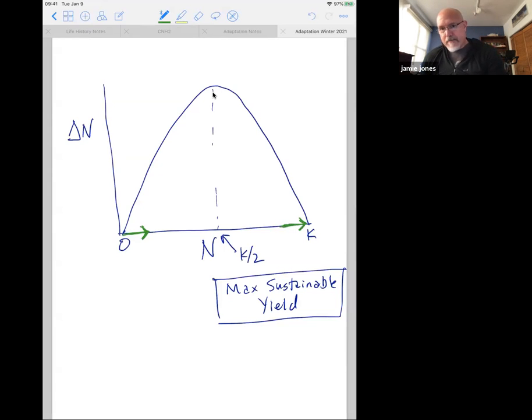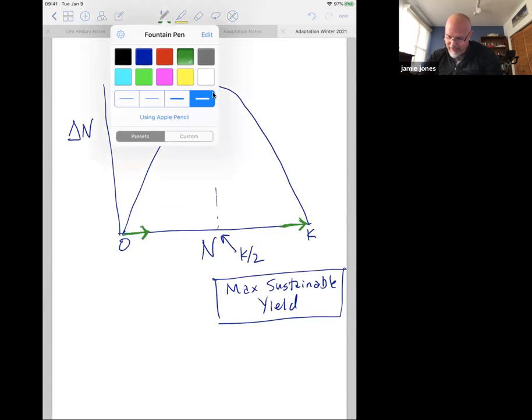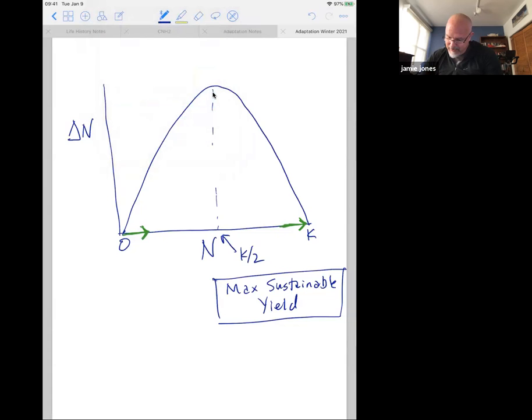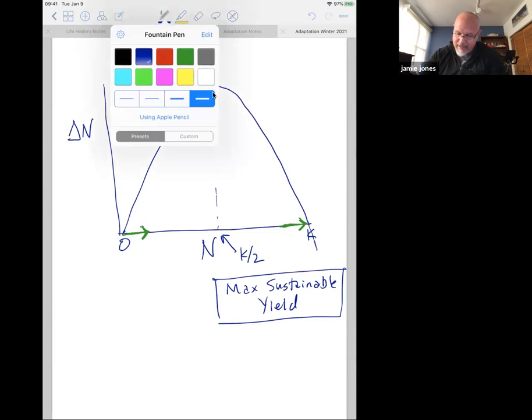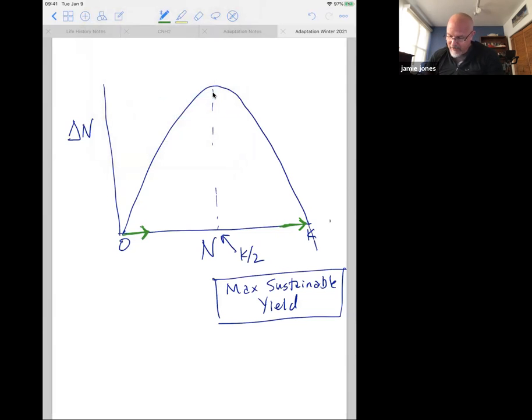And what happens if you're above K? Well, it actually makes sense. You can't have negative numbers of animals, or of plants or whatever the population is, but you can have negative growth, right? So this curve theoretically keeps going down here. And what that means is that if we find ourselves somewhere over here, for some reason the population overshoots, you're going to have negative growth.